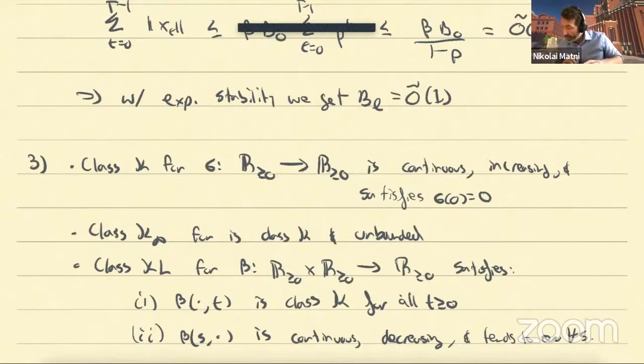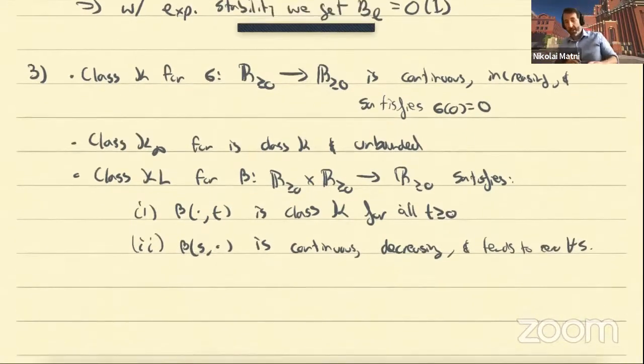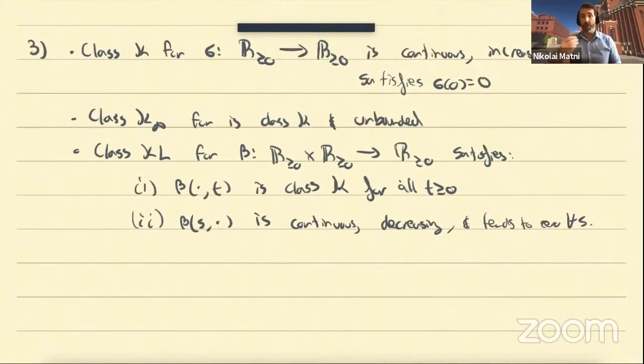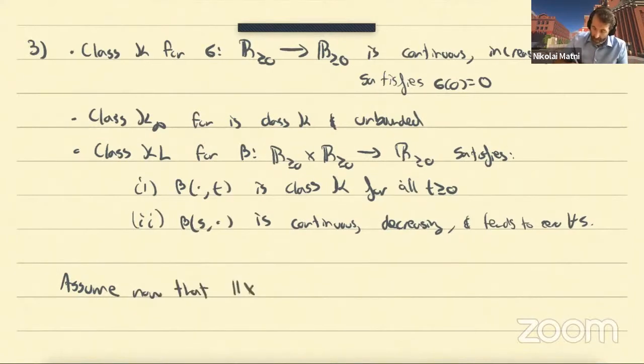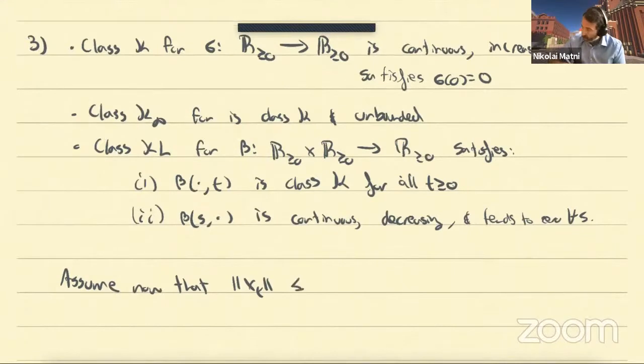Okay. So the reason I'm introducing this is because it allows you to generalize the notion of exponential stability that I defined above, in the sense that we're going to assume now that we have a system that satisfies the following inequality, for beta a class KL function.